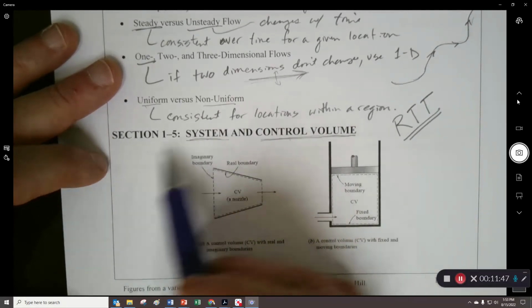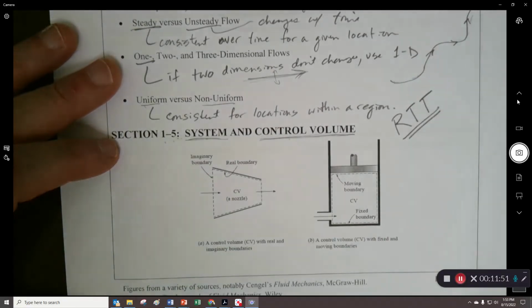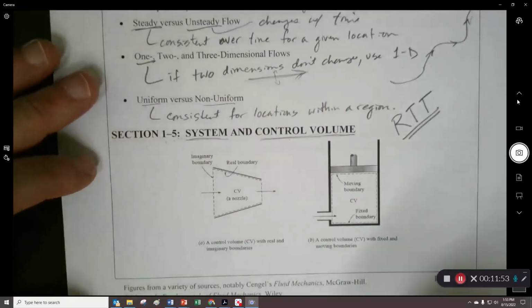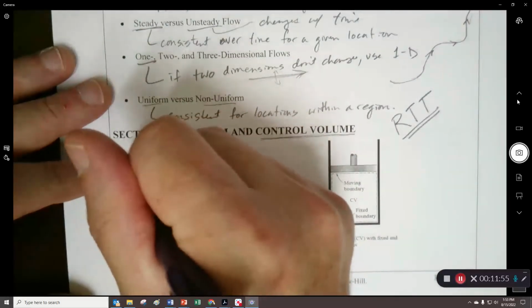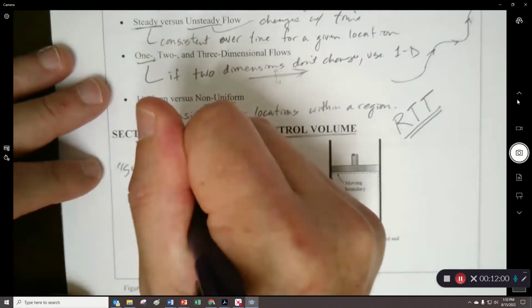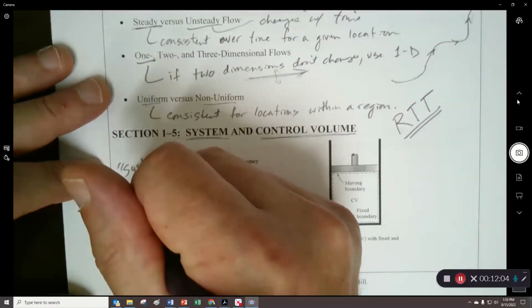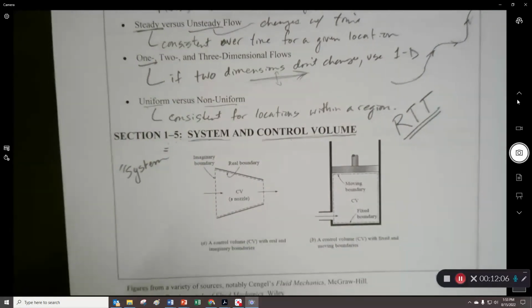Now, the definition in section 1.5, I think it's a little confusing because later on we change and make a different definition of the system. All right, the system is a quantity of mass, or it's a region, right?